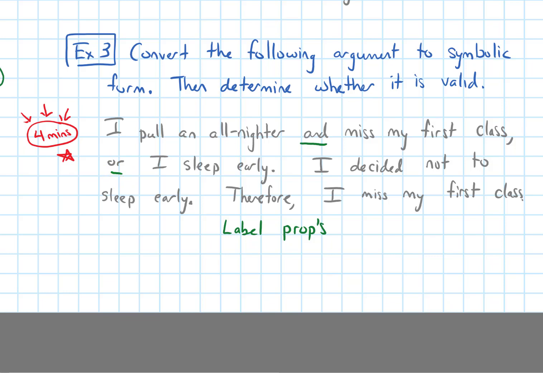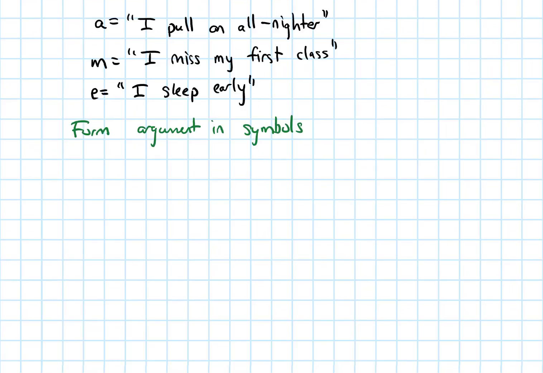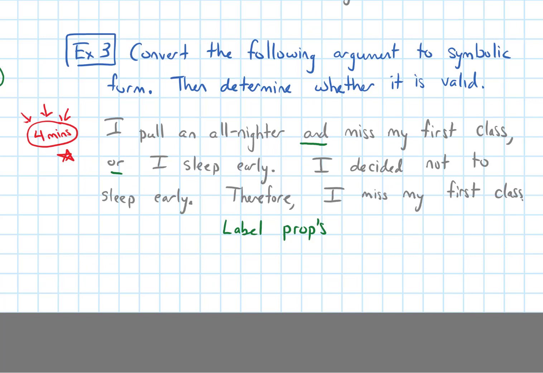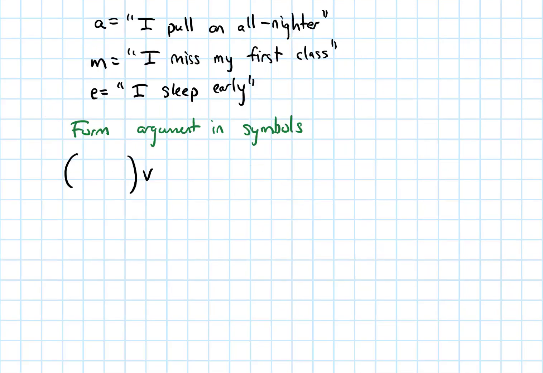So let me write that. I'm going to write an or operator. And before that, I'm going to put a parentheses, because before the or, I have this and statement. Within that parentheses, I'm going to need an and symbol. What were the two things that go in the and symbol?